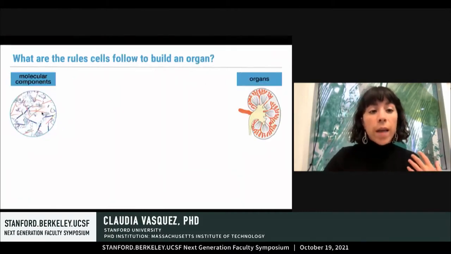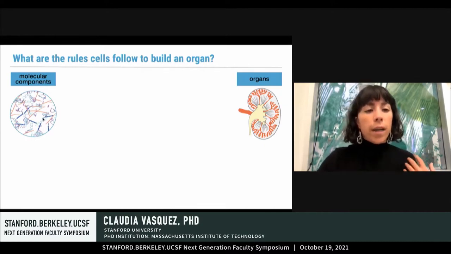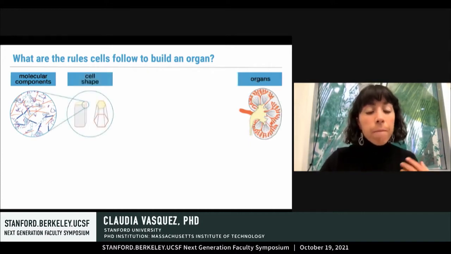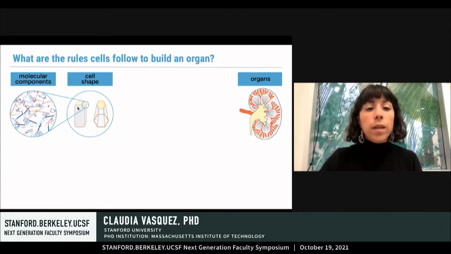And so we actually have a pretty complete toolkit of these molecular components that are required to build different organs. And so, here I'm highlighting some of my favorite ones, different adhesion proteins and proteins involved in contractility. And we know a bit about how these molecular components fit into cells to generate different cell shapes, how they would change to make a columnar shape and how that would change to generate a different wedge-shaped cell.